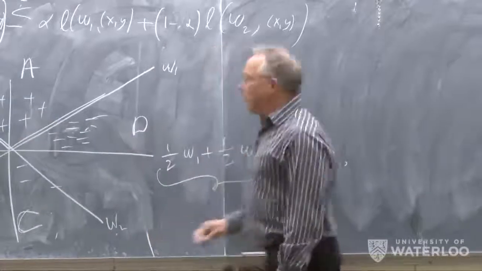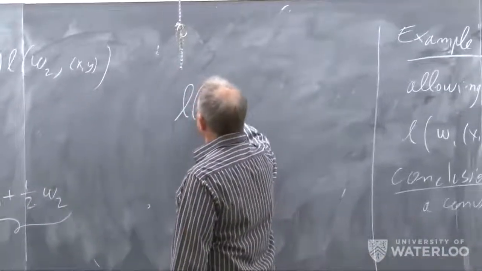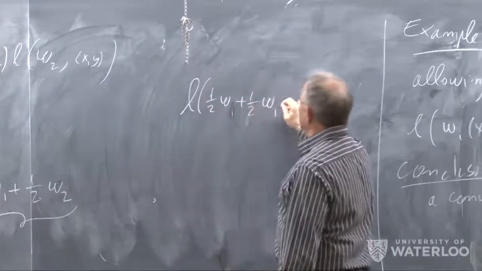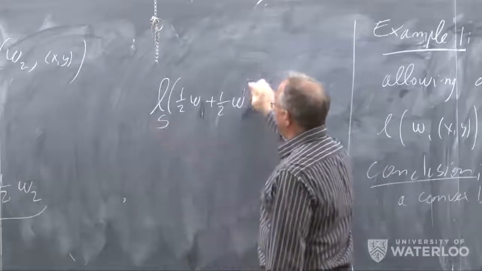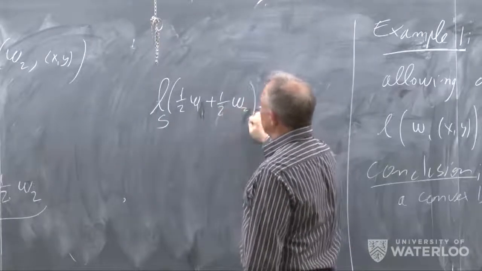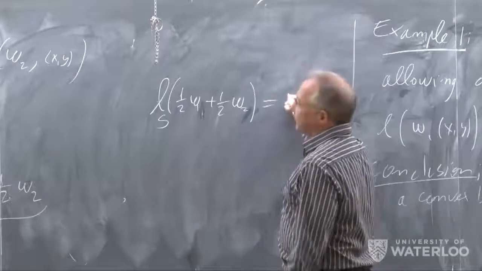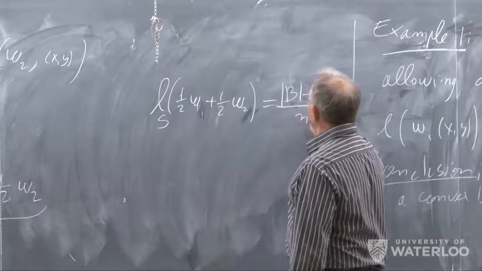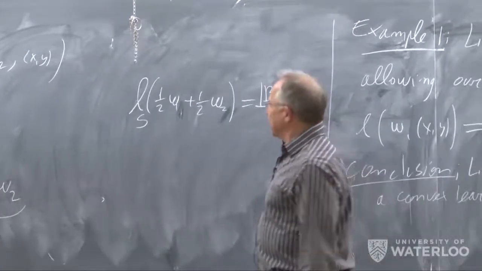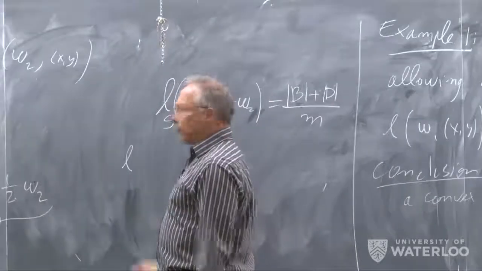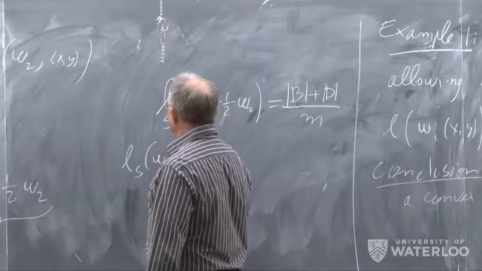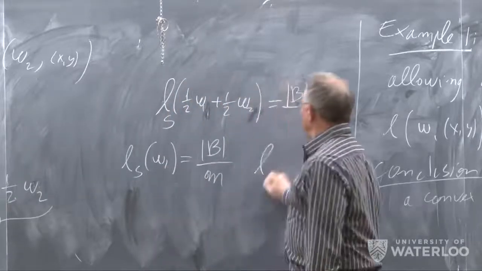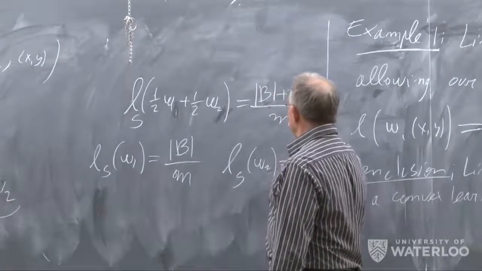So the loss of half W1 plus half W2 on S is the size of B plus the size of D divided by the total number of points, where the loss on S of W1 is just the size of B over m, and the loss on S of W2 is just the size of D over m.